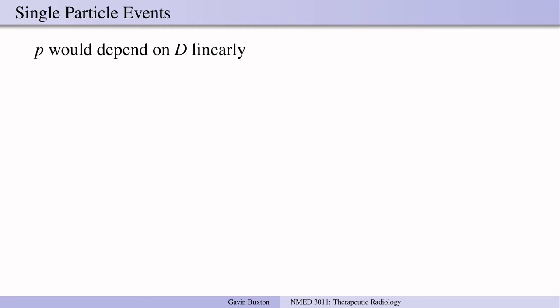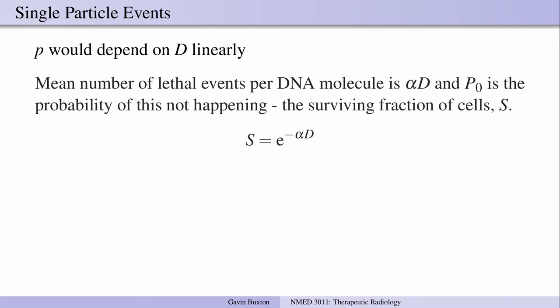The average number of hits per target molecule is going to vary linearly with dose for single particle events. Therefore, the surviving fraction of the cells is of the form e to the power of minus alpha d, where alpha is a constant that describes how likely single hit events are to occur. In other words, if we double the dose, then we will double the number of these single particle, double strand hits.